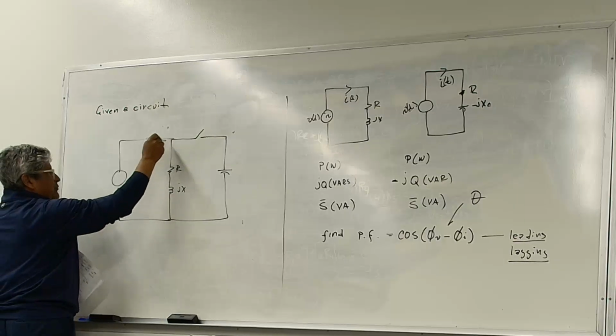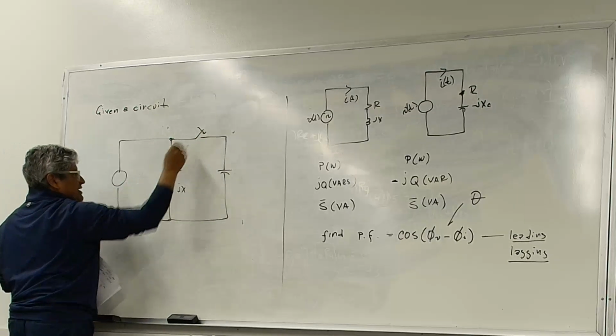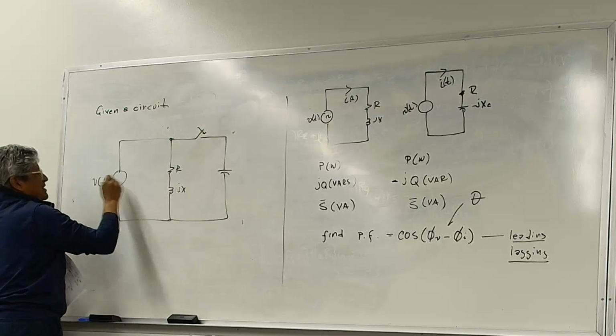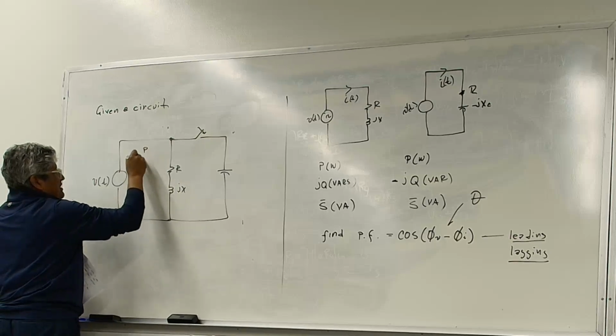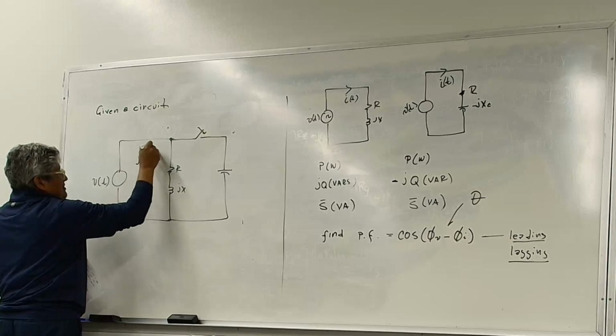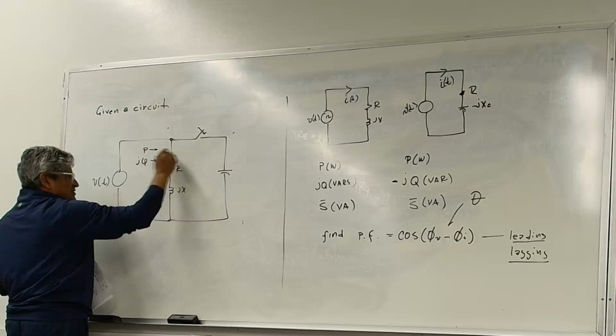And before you close the switch, here's v(t). You have P and Q going in this direction to supply this load right here.